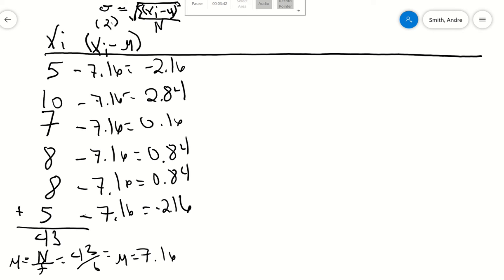So we've done everything that it says there for subtracting our x sub i minus our population mean. So we'll move on to step number 3.